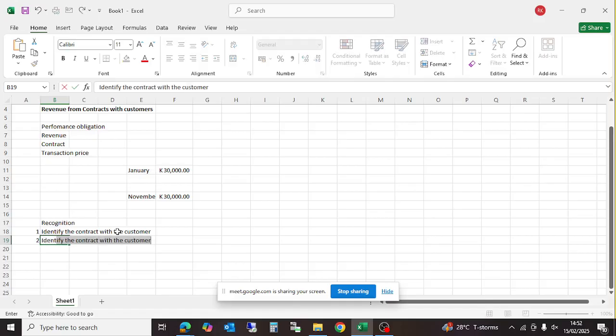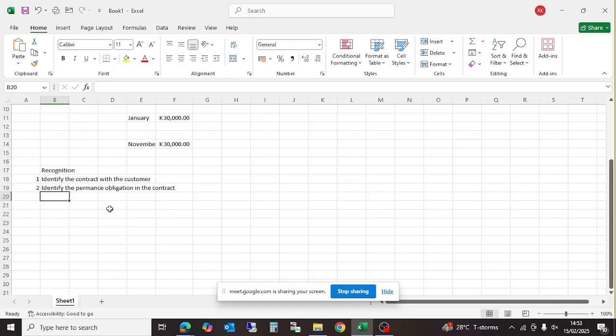Number two, we identify the performance obligation in the contract.